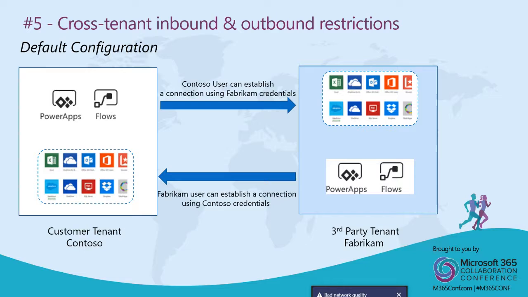So basically, you can restrict other tenants from being connected with your tenant using these cross-tenant inbound and outbound restrictions, and that can be applied on your Power Platform application.